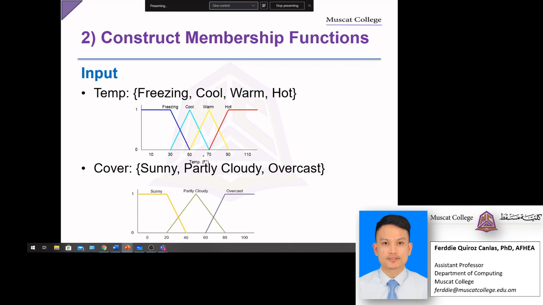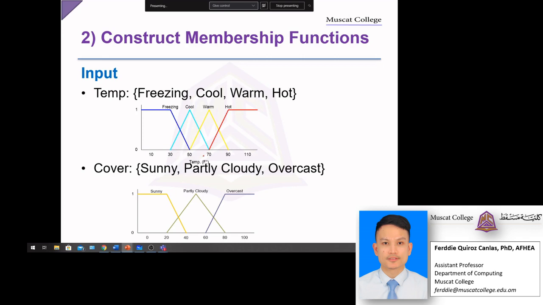You might see tables like freezing 10 to 50, cool 30 to 70, warm 50 to 90, hot 70 to 110. From that table, you're going to draw your membership functions.